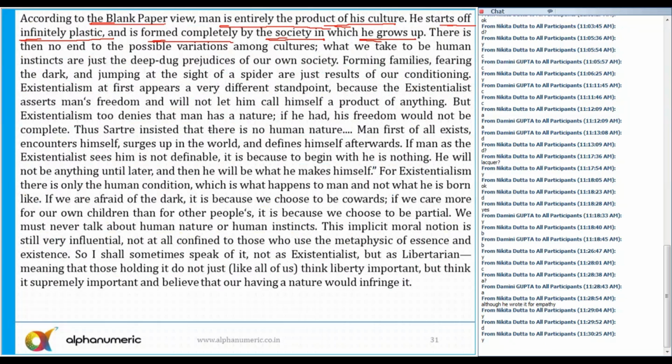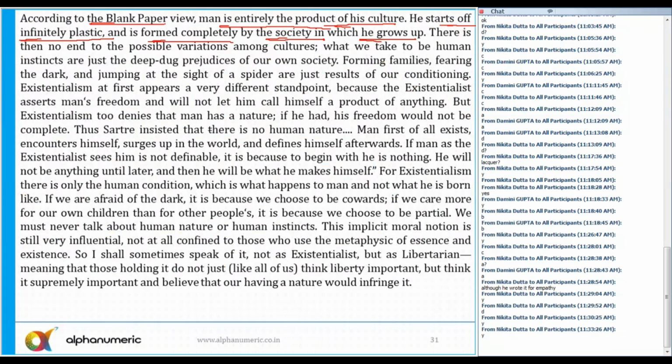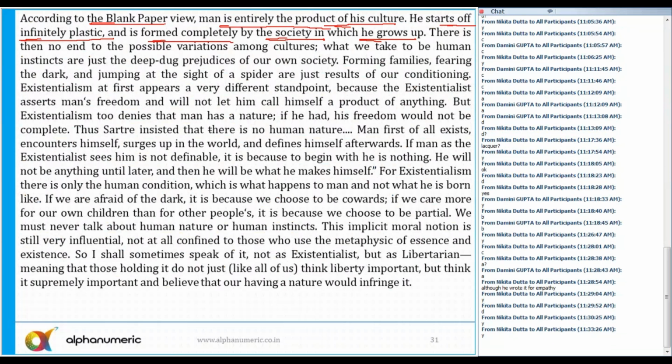So all these things like forming families, fearing the dark, jumping at the sight of a spider, are not instincts. These are just results of your conditioning.